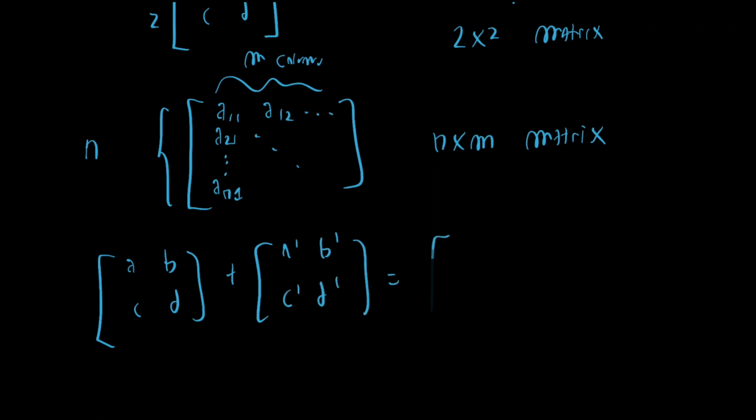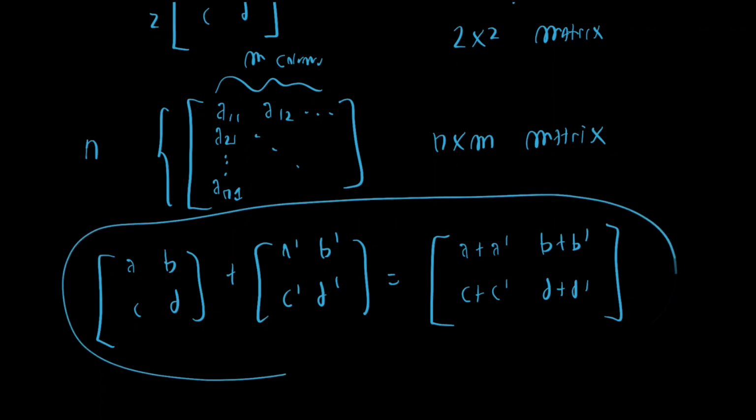Then the addition of these two matrices will be the matrix where each entry is given by the sum of the corresponding entries of the starting matrices. So in this case, A plus A prime, B plus B prime, C plus C prime, D plus D prime. So this is the definition of addition of matrices that we'll use.